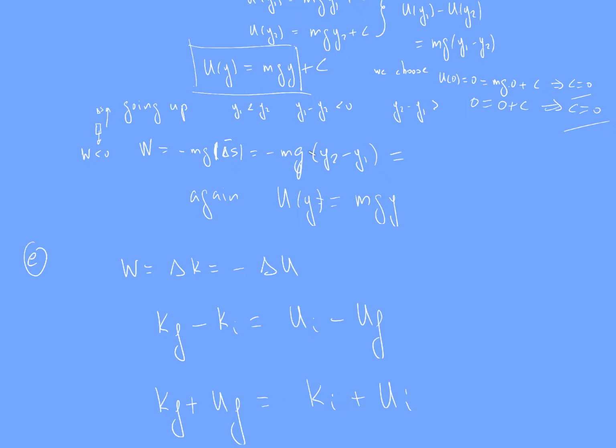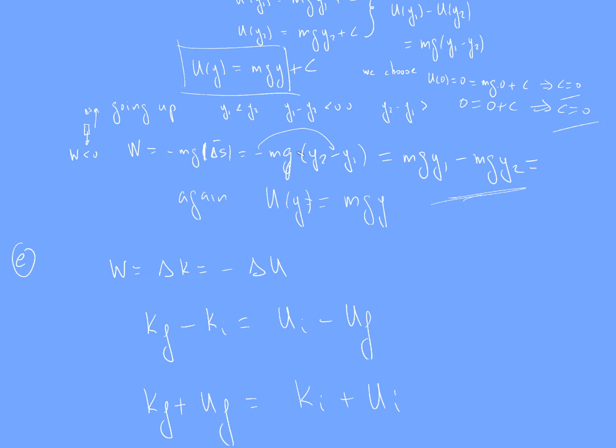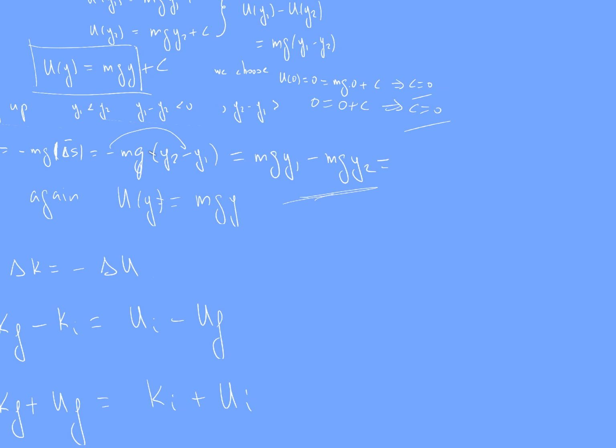So the work will be minus minus plus mgy1 minus mgy2. Again, I have the same thing. This is equal to the change in the kinetic energy, minus the change in the potential energy. So it's U of y1 minus U of y2.